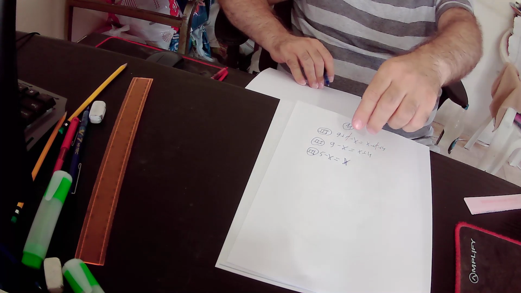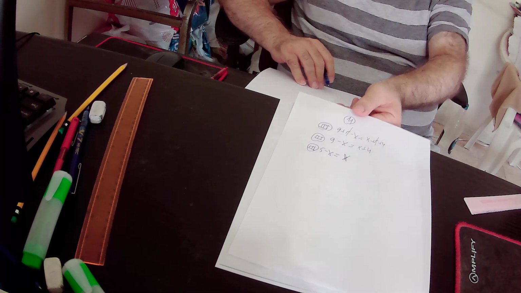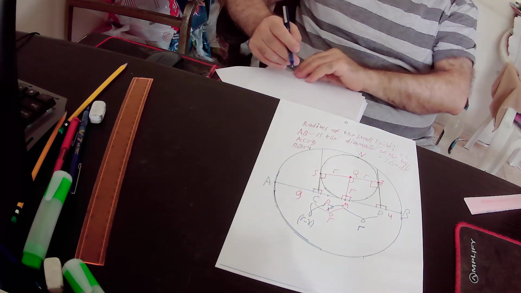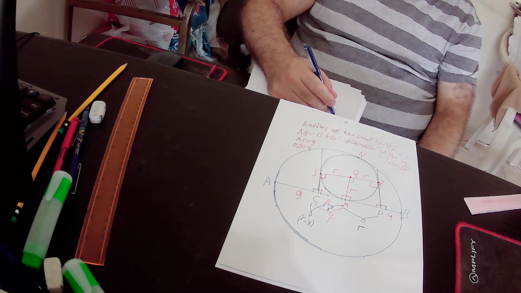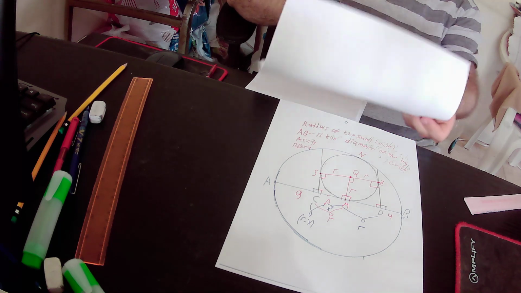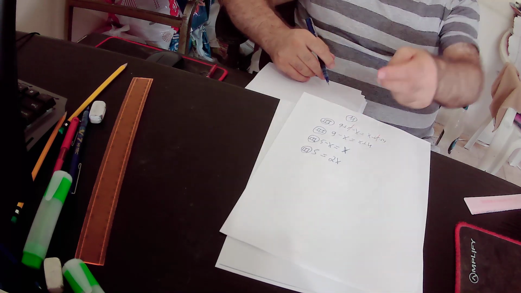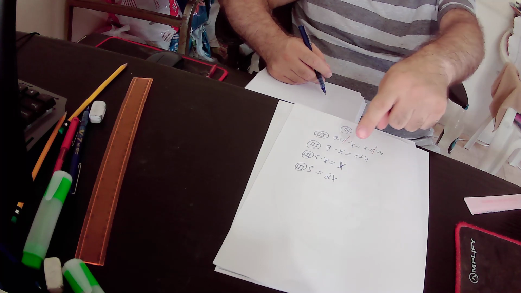Here we will add x to this equality, and we will get that 5 equals 2 times x. So after we add x, we got that 5 equals 2x.